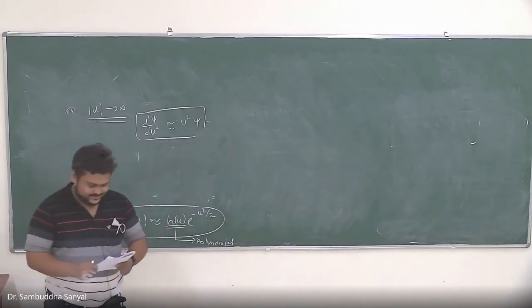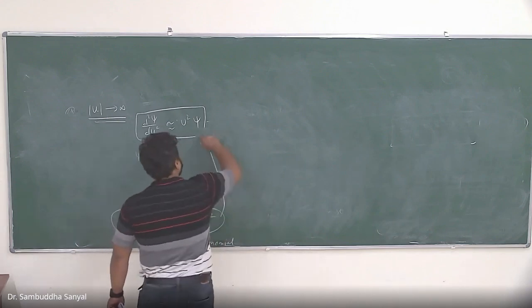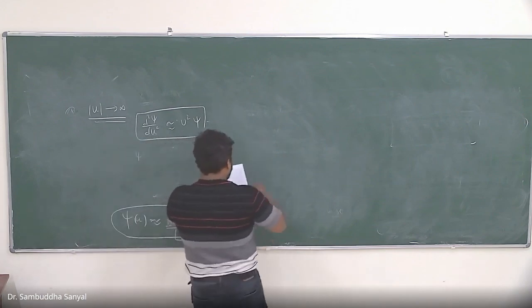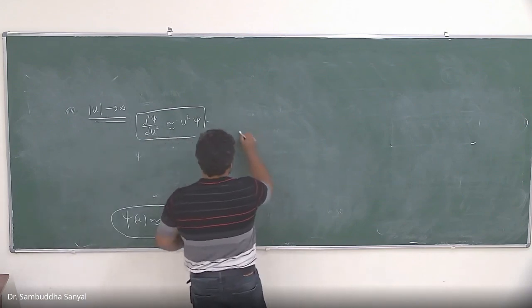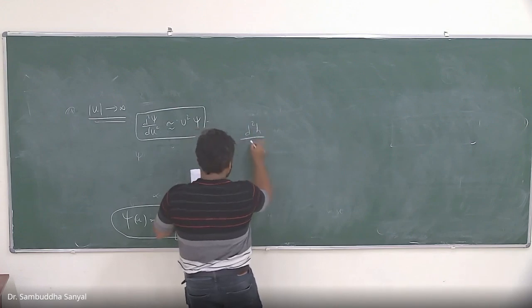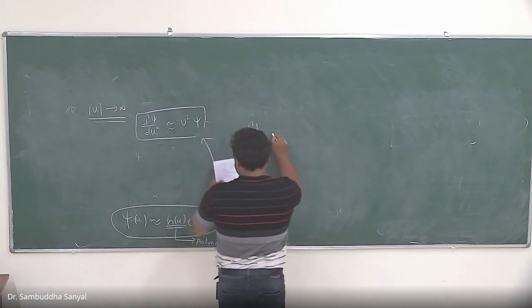Okay, so the strategy is the following. You have to plug this solution into this. Very simple strategy. And then you get a differential equation for H. So this is where I leave. If you plug this into this, you will get this equation.